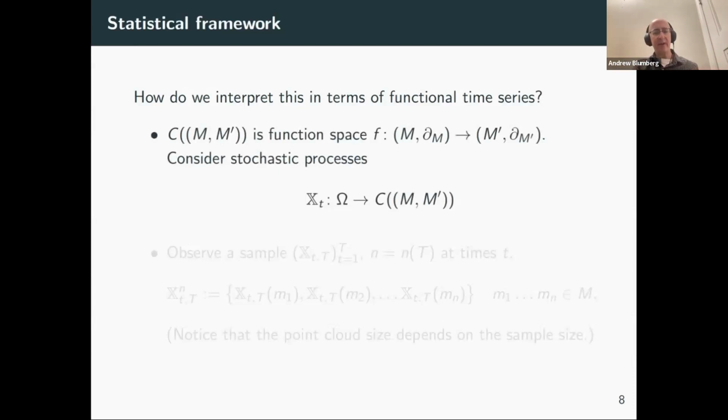So we have some function space, denoted by C, from metric space to metric space, and in order to keep this manageable, given that it's a 30-minute talk, I'm not going to say so much about exactly what function space we take, but some kind of function space. And we're going to think about a stochastic process that lands in the function space.